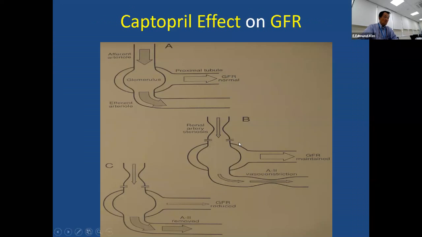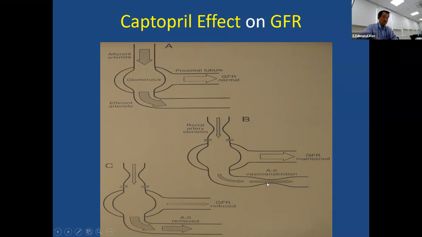So again, in normal physiology comes glomerular filtration and then tubular secretion. The glomerular filtration rate is maintained if there is no vascular narrowing.